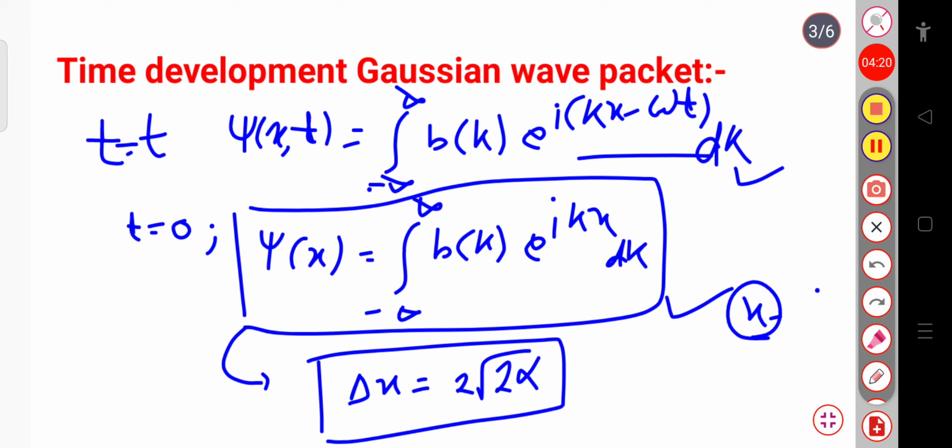So this expression psi of x,t will be equal to integration over minus infinity to plus infinity of b of k exponential i(kx minus omega t) dk. Similarly, we want to calculate the delta x value at time t.